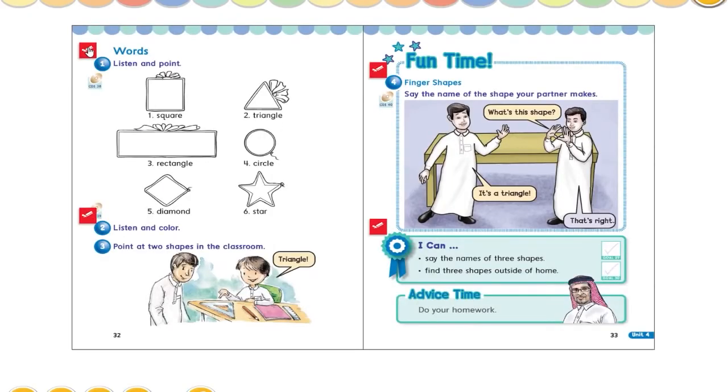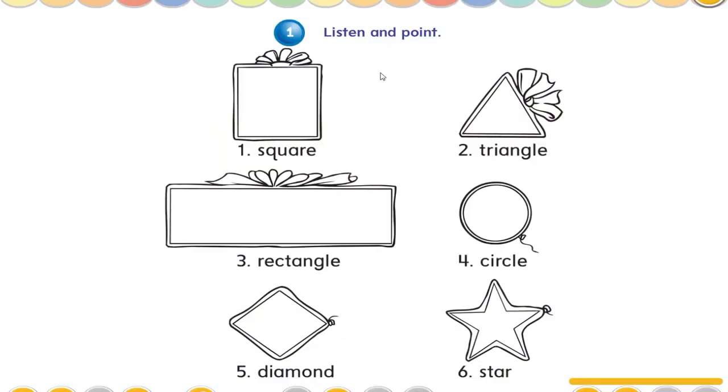Words, كلمات. 1. Listen and point. استمع وأشر على هذه الأشكال الهندسية. 1. Square. 2. Triangle. 3.